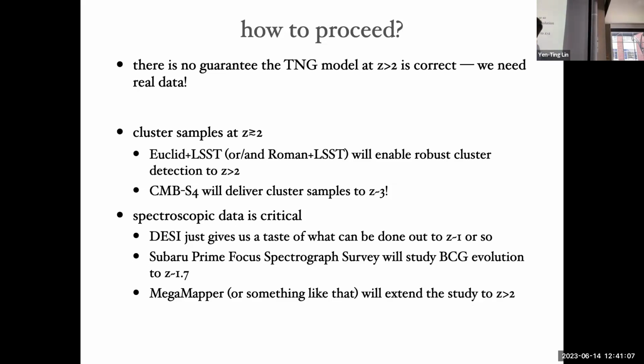Next year, the Subaru Prime Focus Spectrograph survey will enable BCG evolution studies to redshift 1.7. And MegaMapper or something like that, like MSE, will certainly extend the study well beyond redshift 2.